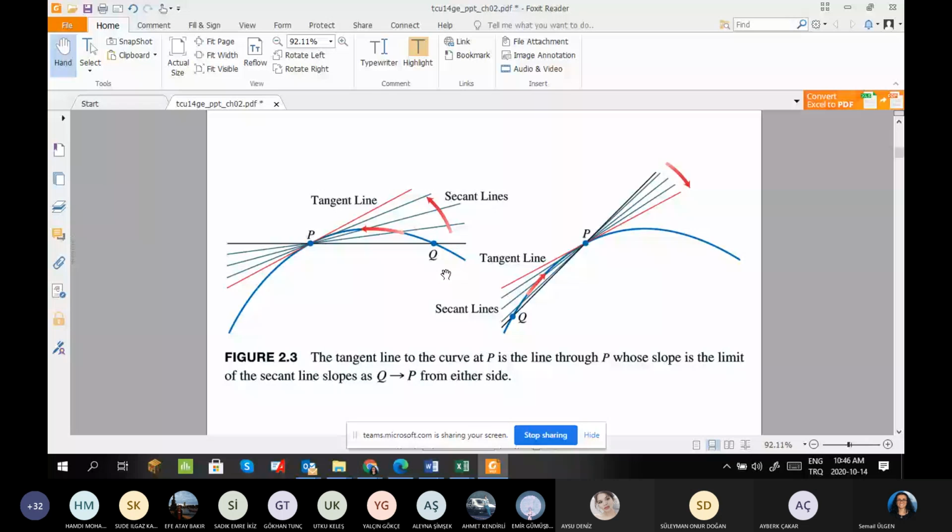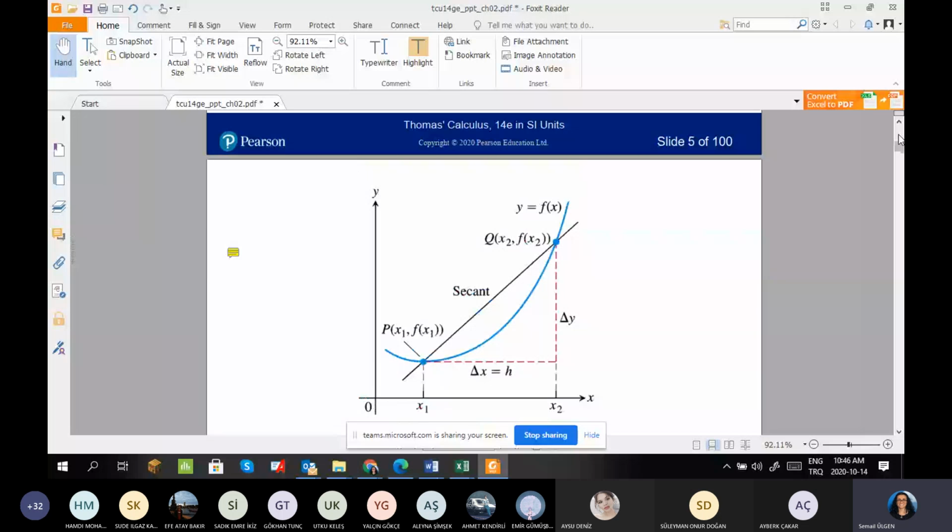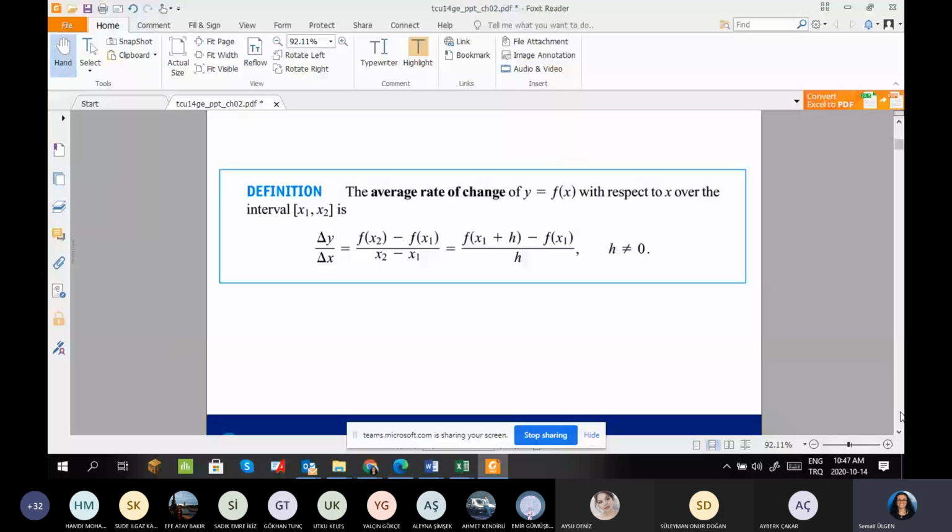Secant lines, as we said, you can consider as the slopes of the average rate of change. If you go back, we would say that the average rates of change are the slopes of the secant lines.